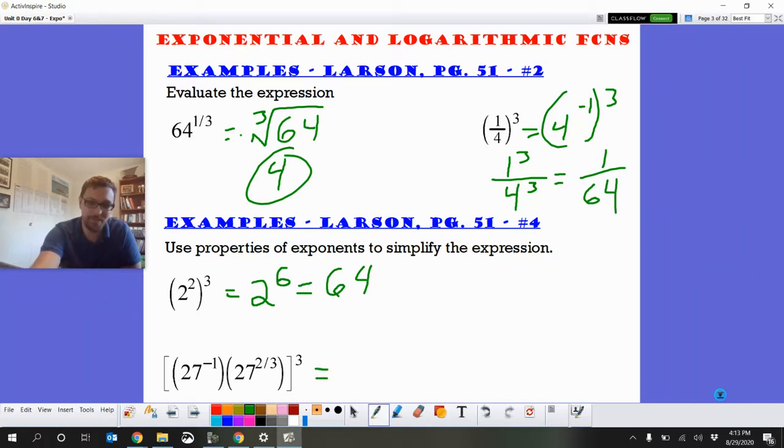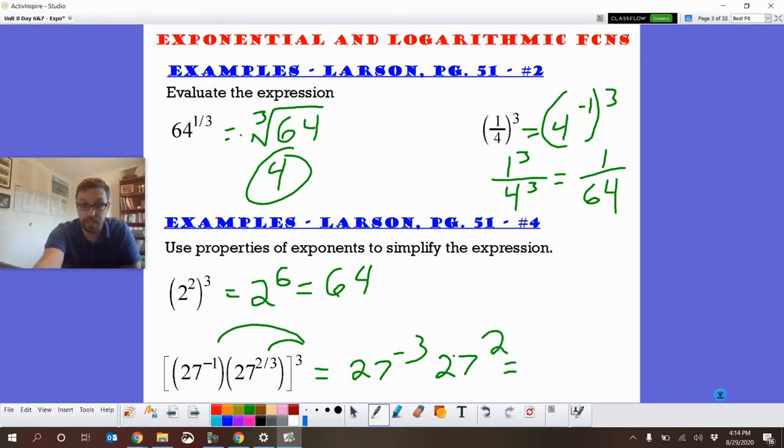In this next one, once again, we can distribute that cube into that 27. I don't want to figure out what 27 to the 2/3 is. I just want to leave it as is. So 27 to the negative 1, I'm sorry, not negative 1, negative 3. There we go. So this 3 goes into both of those exponents and they get multiplied together. 27 to the 2/3 times a third gets us 27 squared.